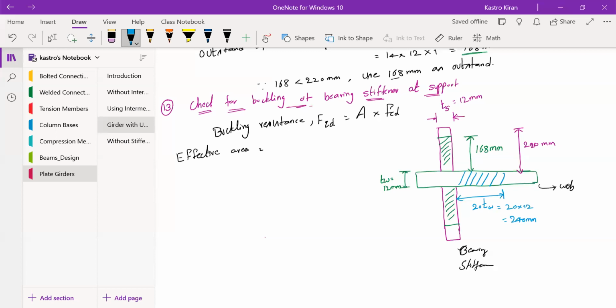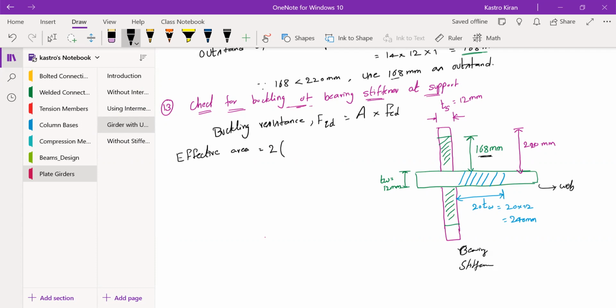Now, by using this data, you have to find out the effective area of the bearing stiffener. How do you find out the effective area? You have two bearing stiffeners on either side of the web, so I'm multiplying by 2 times the length of the core outstand. It is 168 mm.